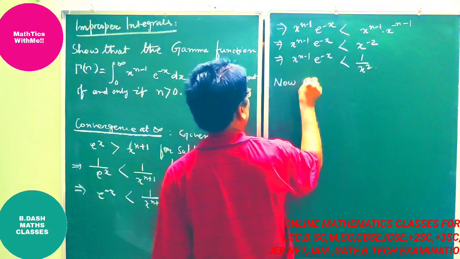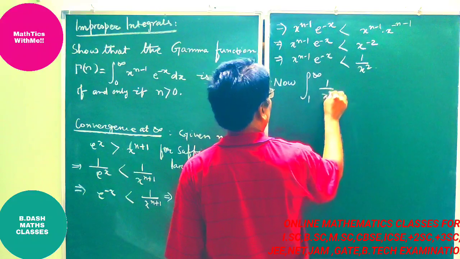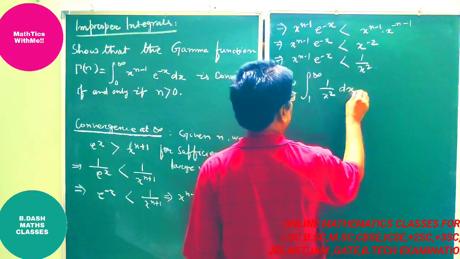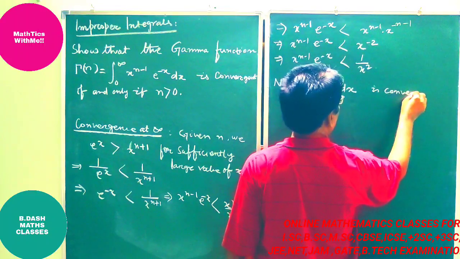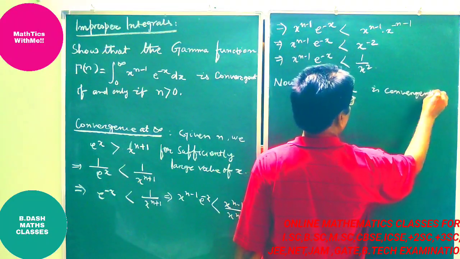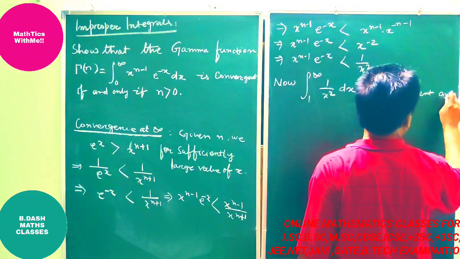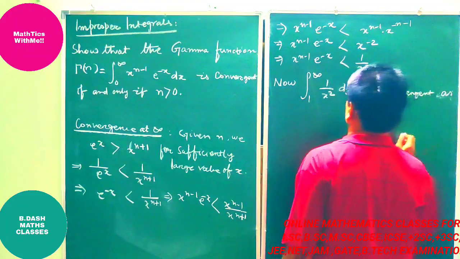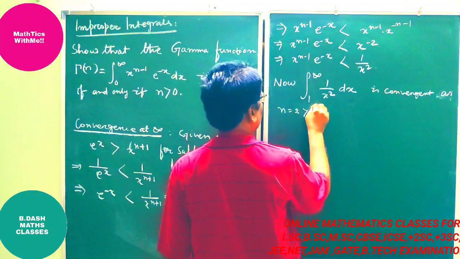Now the integral from 1 to infinity of 1 by x square dx is convergent as the power 2 is greater than 1.